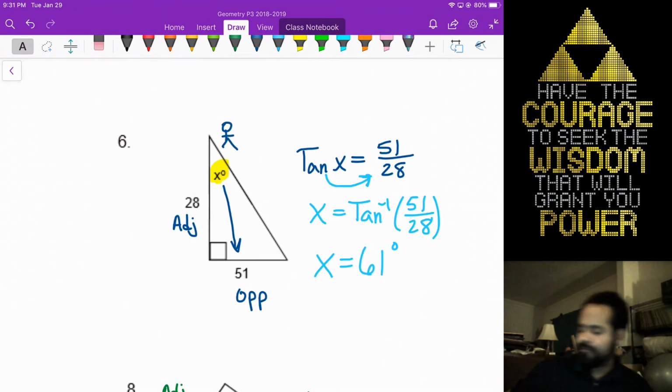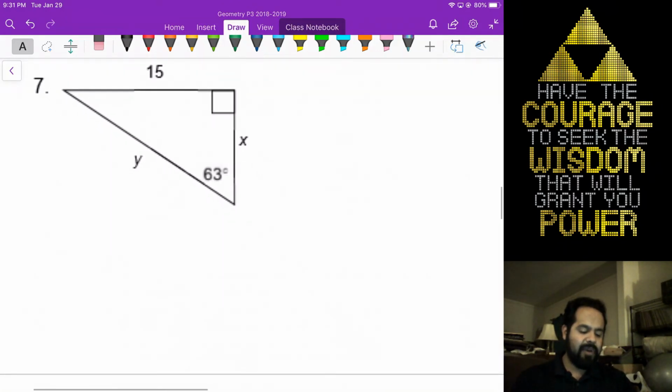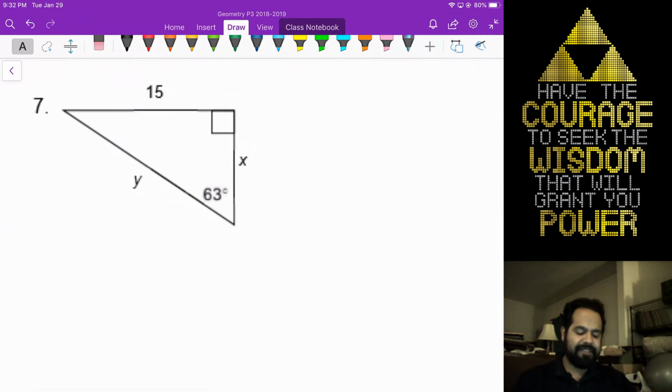Okay. So, number 7. You're solving for both x and y. The only fixed constants we have are this angle in this corner and this 15 over here, which with respect to that is going to be our opposite.